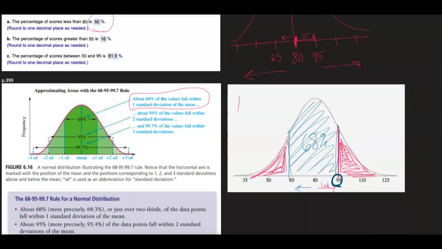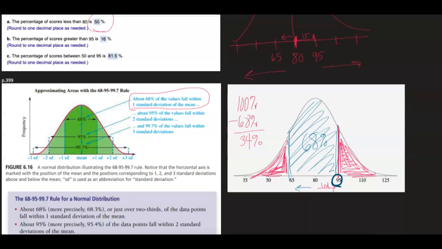Then 100% minus 68% would be what I see right now represented in pink. So that is 32% in pink. But that's both below one standard deviation, below 65 rather, and above 95.